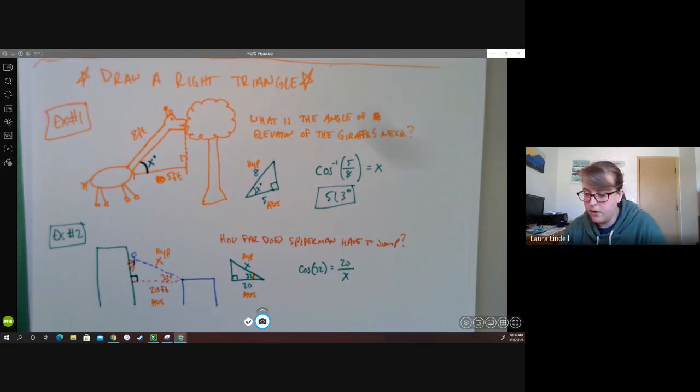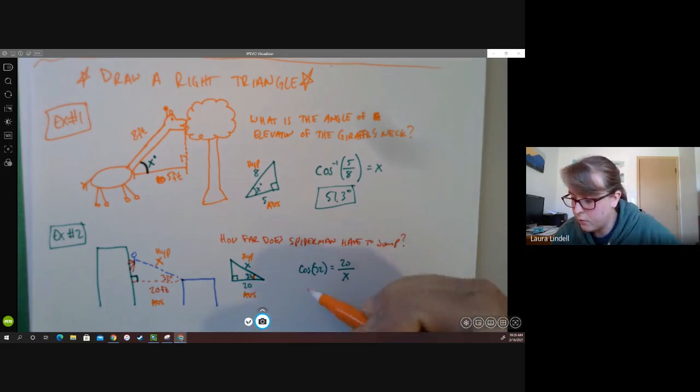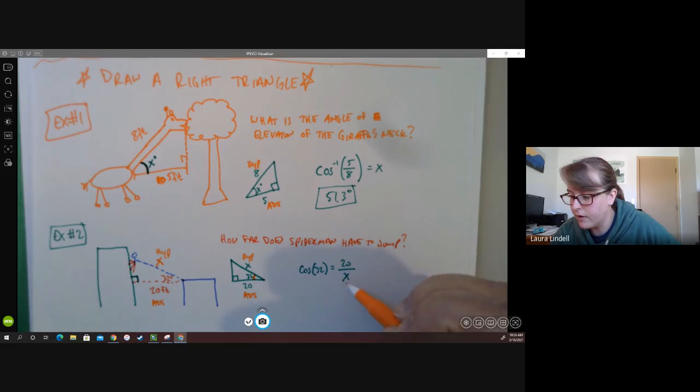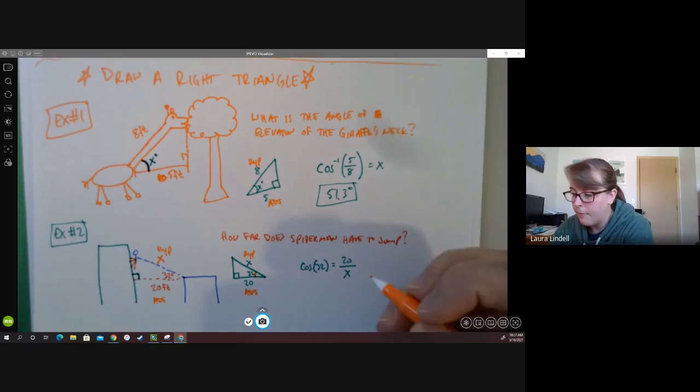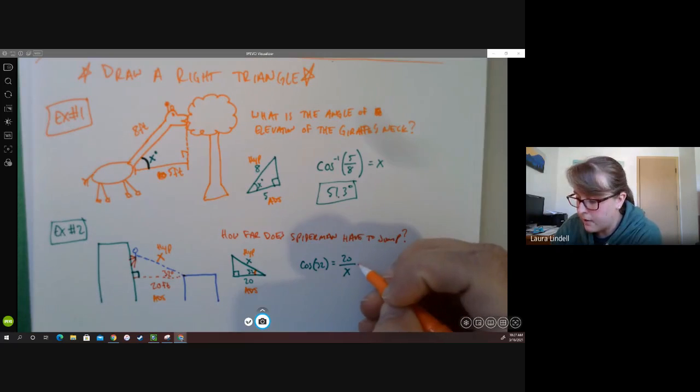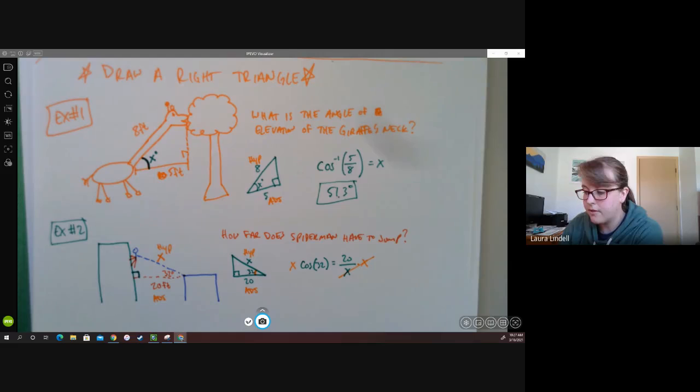And for those of you who have been working with these for a while and have noticed the pattern that whenever the variable is in the denominator, you end up taking this number divided by the trig value, feel free to jump to that step. But if you prefer to write your steps out, we multiply by x on both sides to get rid of the denominator here.